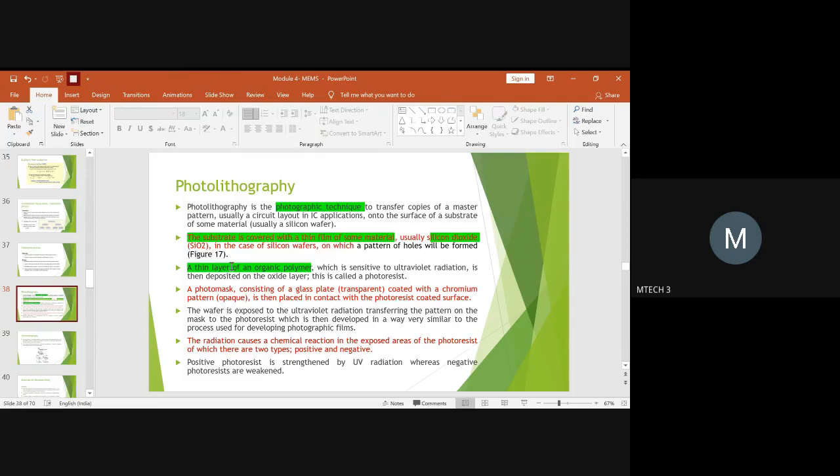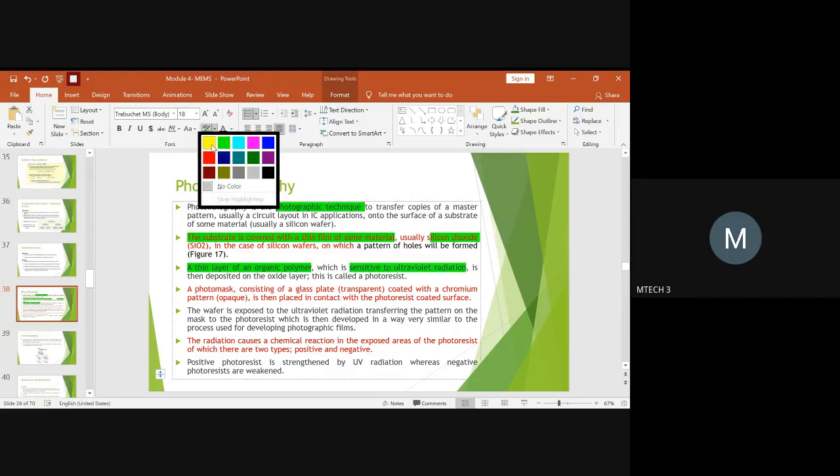This thin film of organic polymer is very sensitive to ultraviolet radiation, so you should be very careful. This phenomenon is called photoresist.